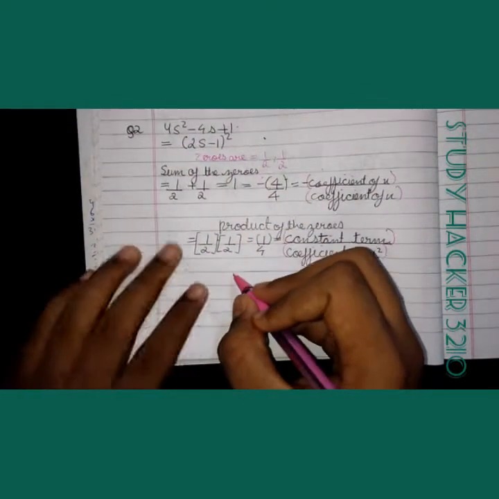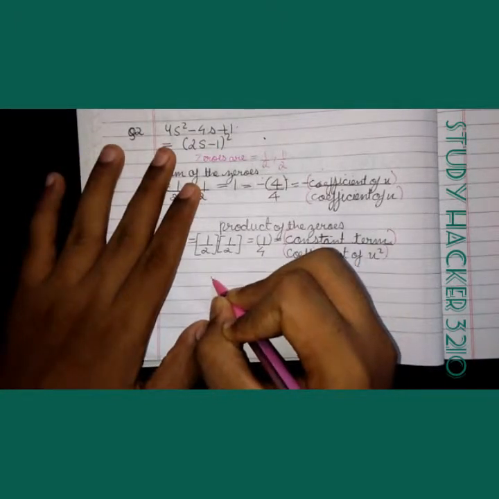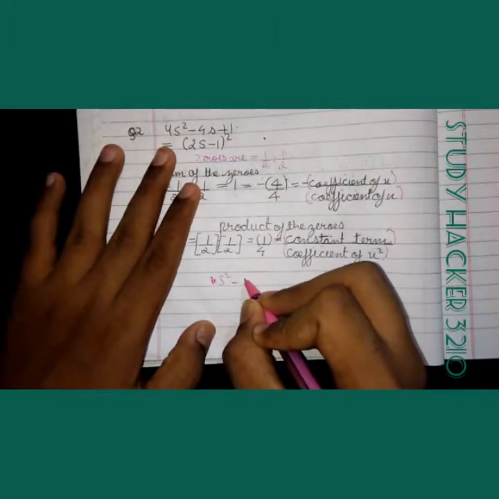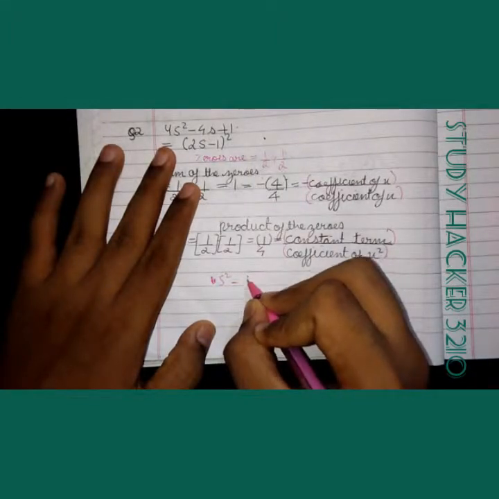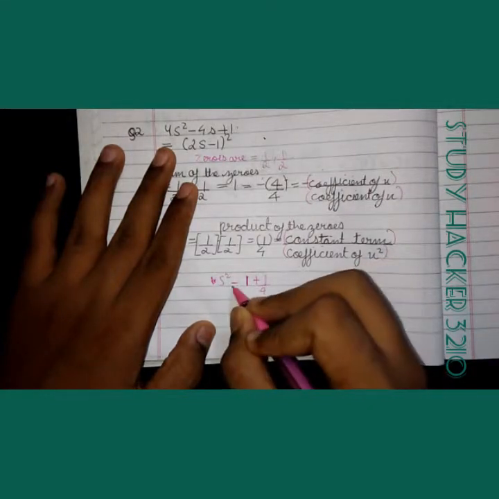So we have to take the LCM. If we write here s square minus 1, also if we write 1 plus 1 upon 4, we have to take the whole LCM.